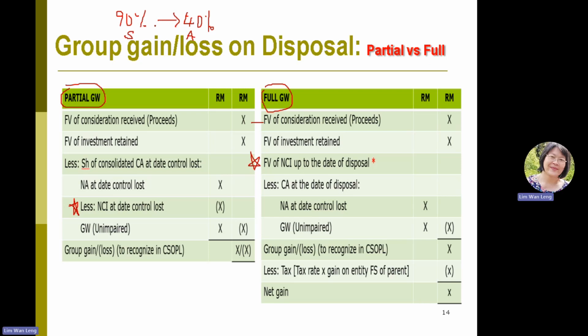So you cross the 50% boundary, and this is when you compute gain or loss on disposal.